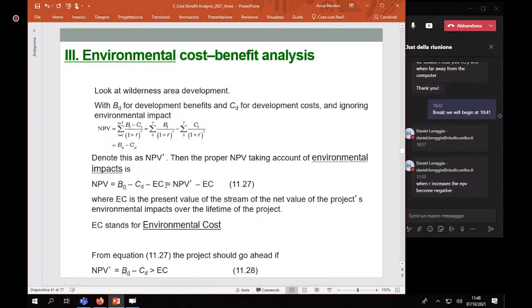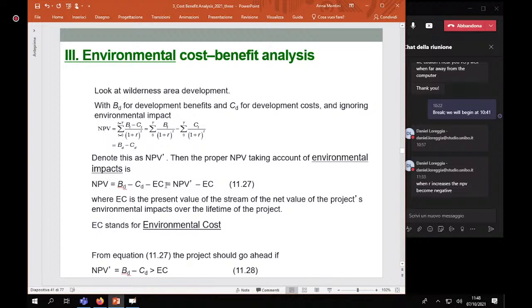I have used this kind of notation because it is the notation for environmental cost-benefit analysis that you will find in the book. But in my opinion, it is not correct to define cost and benefit separately from the environmental cost, because we are considering projects with environmental effects.